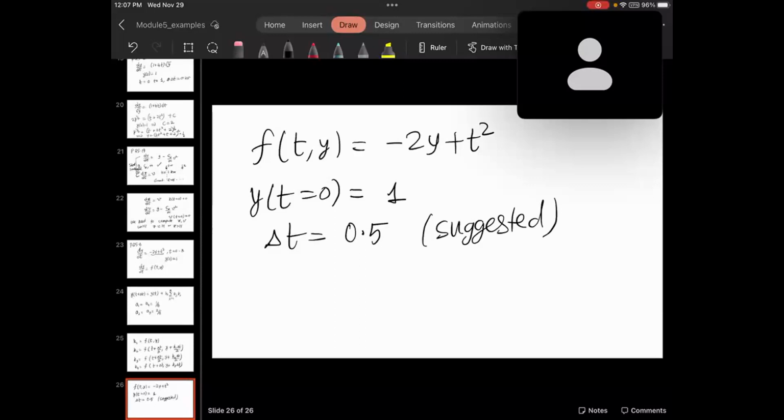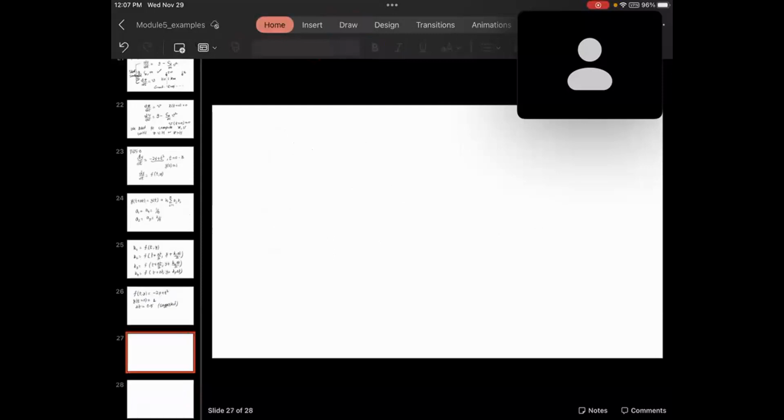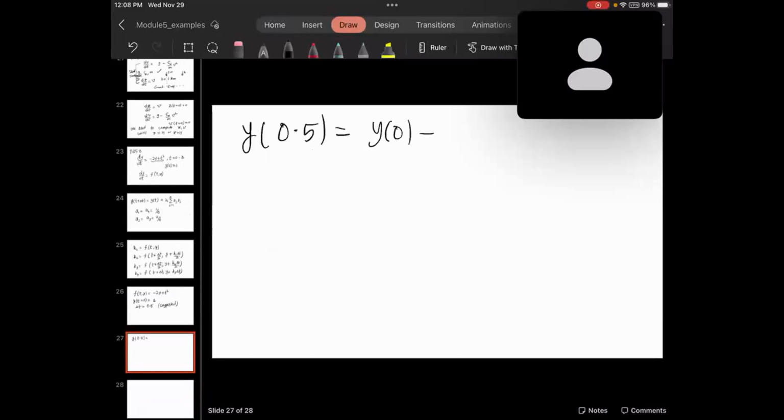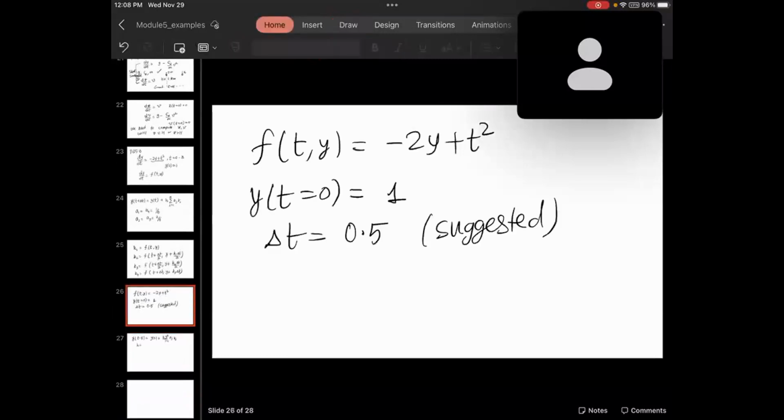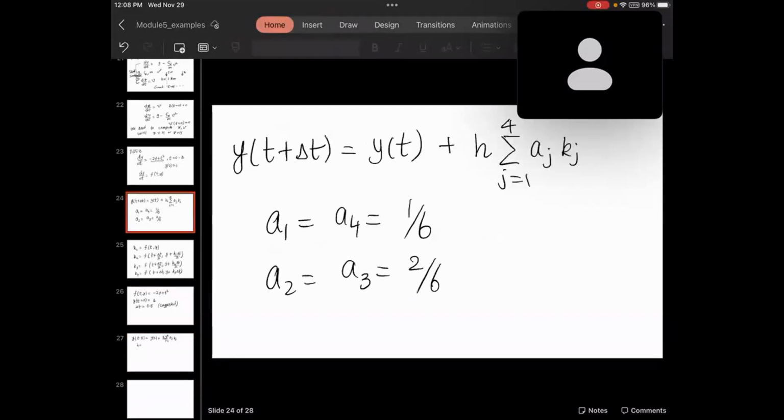All right, so first we want to compute y at 0.5, which is y at 0 plus h multiplied by aj kj. I think in the previous slide I wrote delta t. I think I should just use the nomenclature h because that's what I've been using.